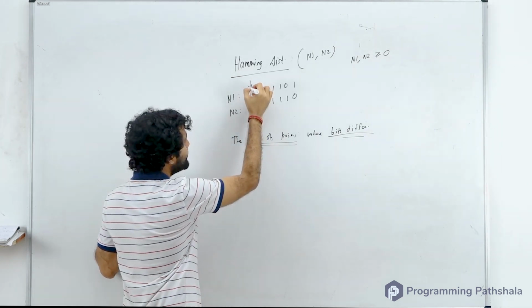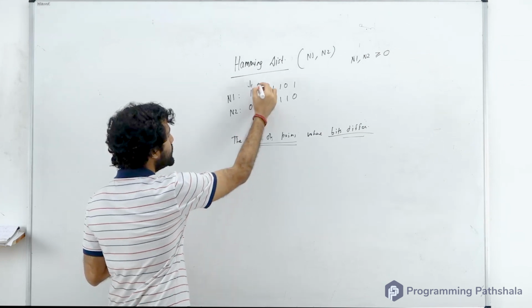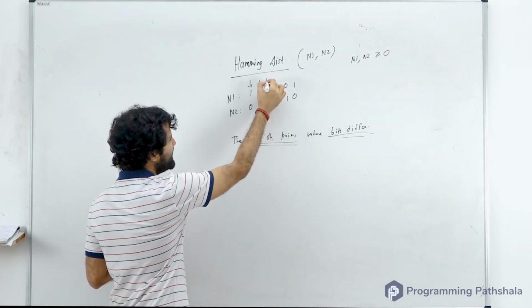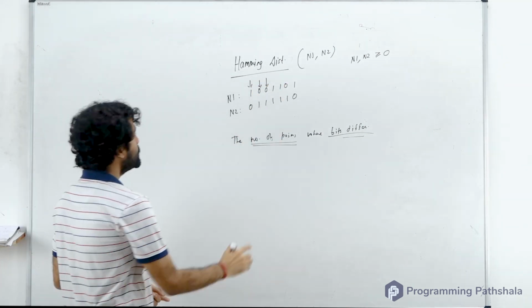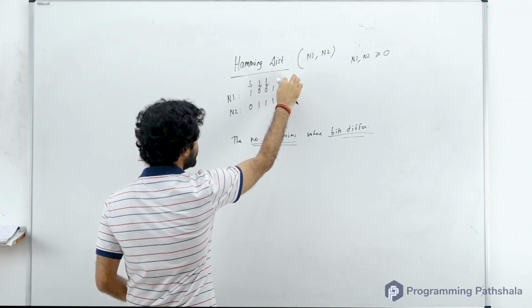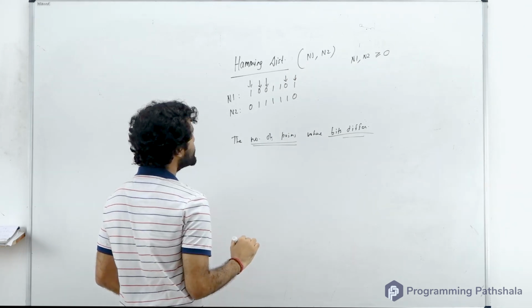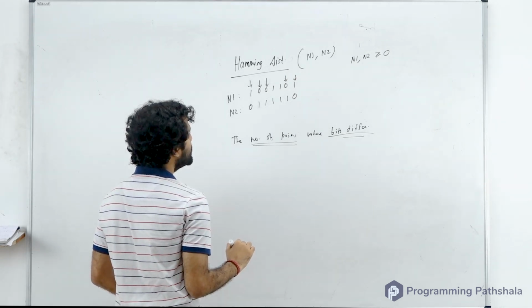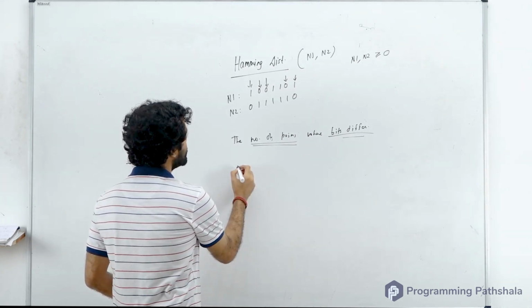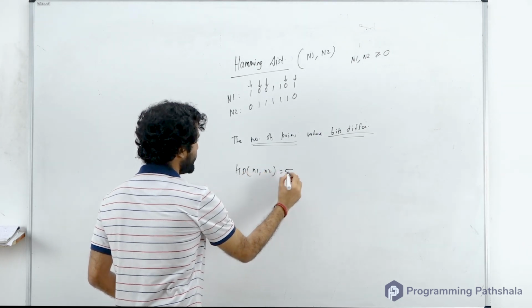So if I take a look at this position, do the bits differ? Yes, they do. Do they differ here? Yes. Do they differ here? Yes. Do they differ here? They don't. Do they differ here? They don't. Do they differ here? Yes. Do they differ here? Yes. So at how many positions did they differ? They differed at 5 bit positions. So the Hamming distance of n1 and n2 in my case should be equal to 5.